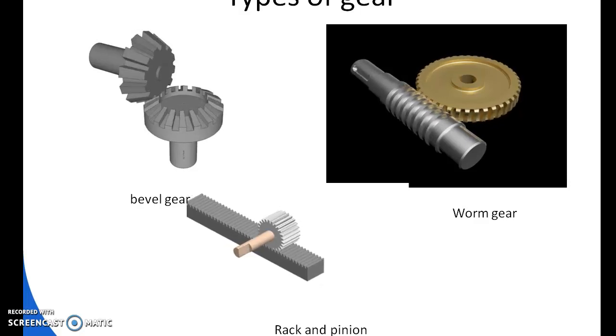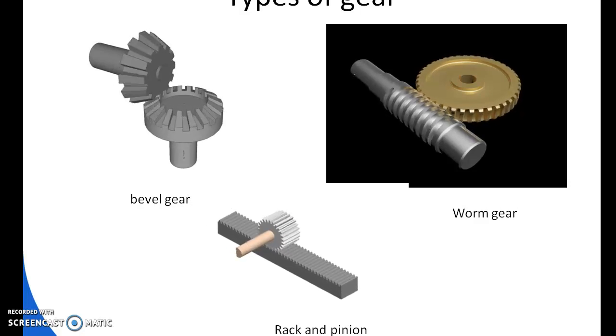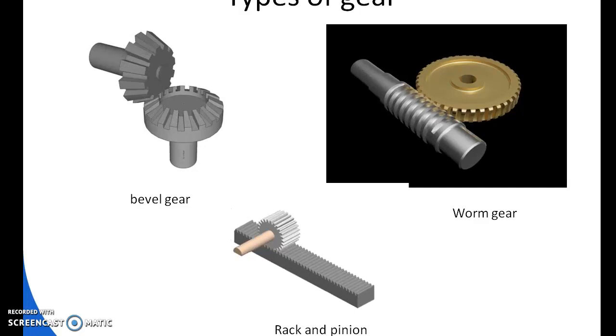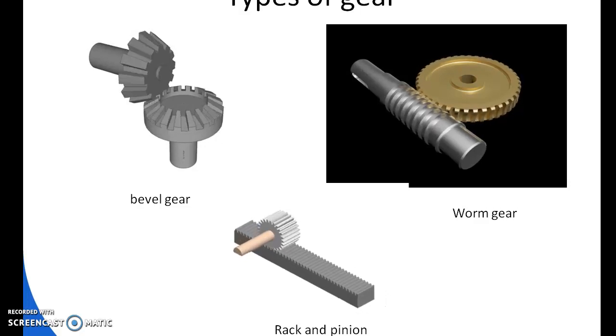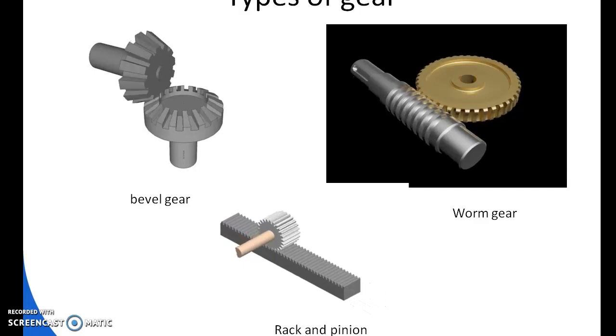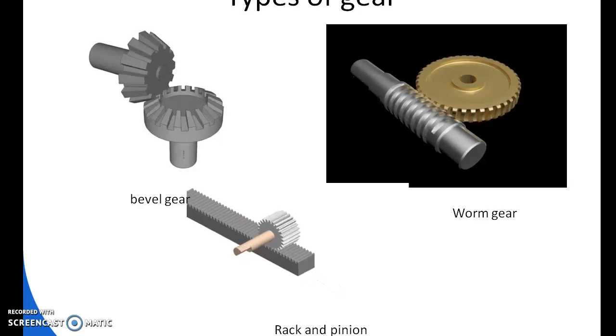Then the second gear, which is rotating on the surface of the rack, is known as the pinion, a gear containing a finite number of teeth. So the rack is used with a pinion to convert rotary motion into rectilinear motion.